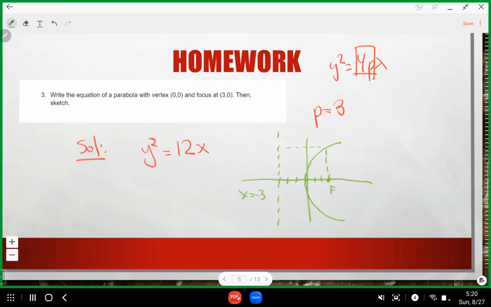Obviously my graph isn't exactly equal, but you get the point, right? I'm not looking for accuracy when you sketch this. It's not a very precise sketch, just ballparking, I guess. But you have to make sure you know the equation. The equation is the big part.